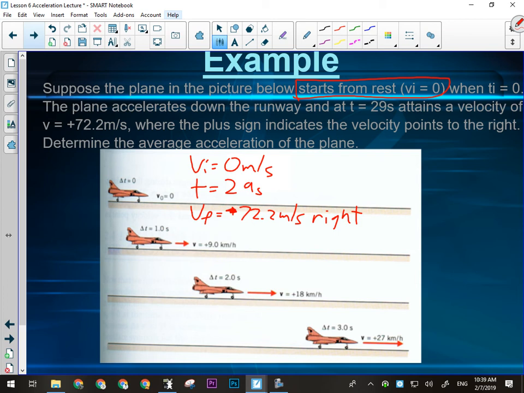So right now, can I use the formula I learned last year? Yes, it's the only one you know right now: VF minus VI over T will give me the acceleration. Now, the importance of writing down your givens is going to become obvious by the end of the day today when you have 5 different acceleration formulas to choose from.